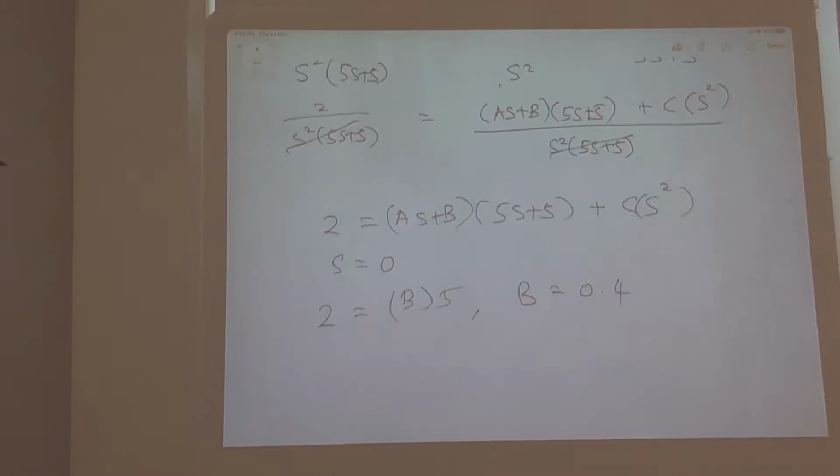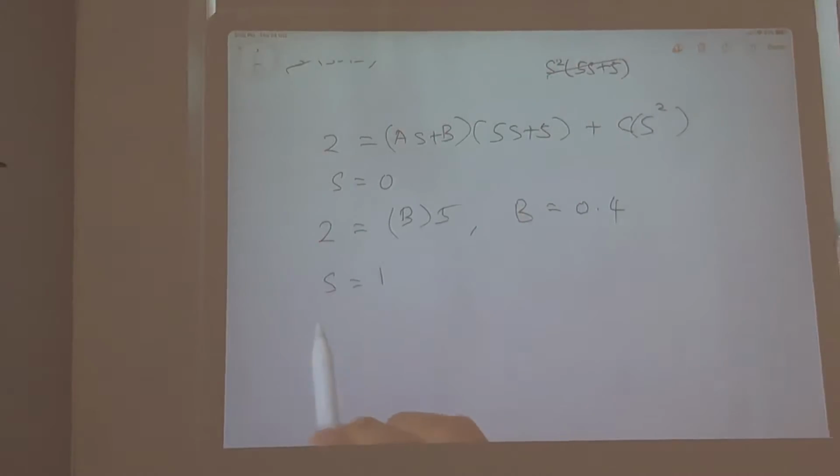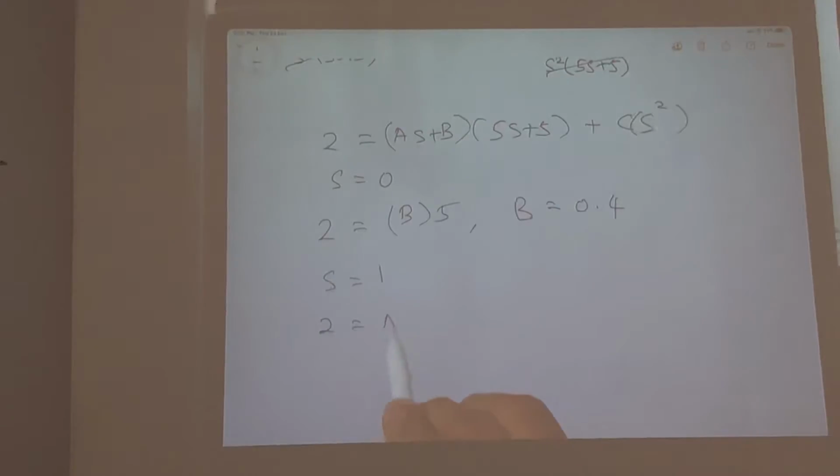Okay? Then after that, what is the next S value I can guess? Actually any value, right? If let's say I guess S equal to 1. S equal to 1, what I have here is 2 equal to A plus B multiply 5 plus 5 is 10, right?